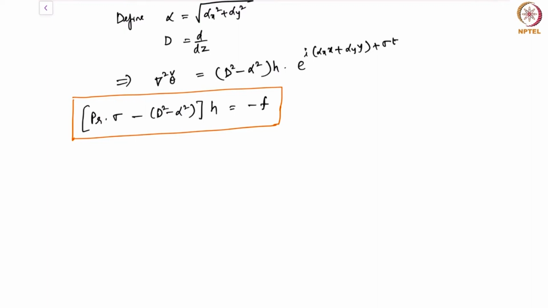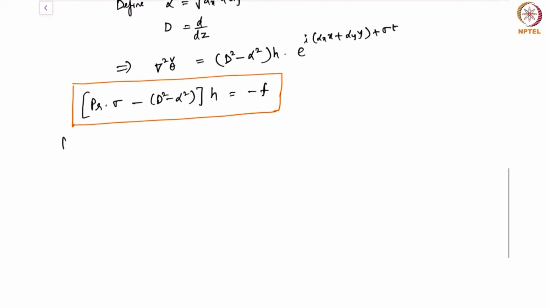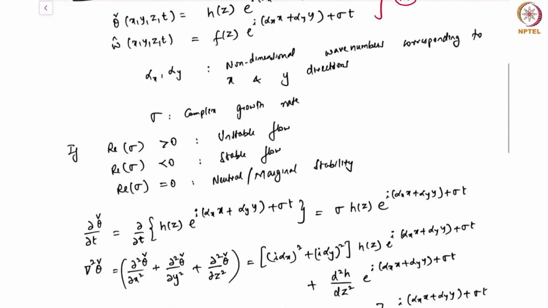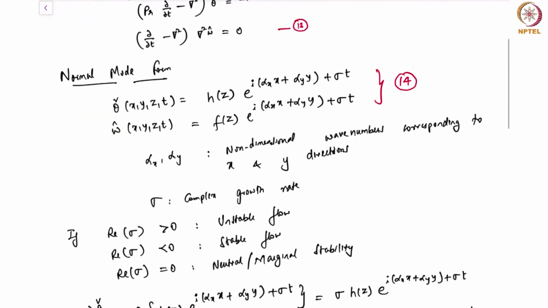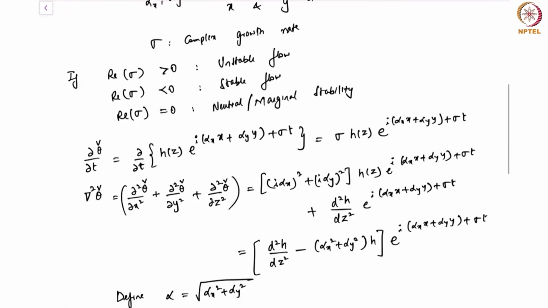This capital D. Now similarly, equation 13 becomes, remember equation 13 has del by del t, that minus del square, that is sigma minus D square minus alpha square.